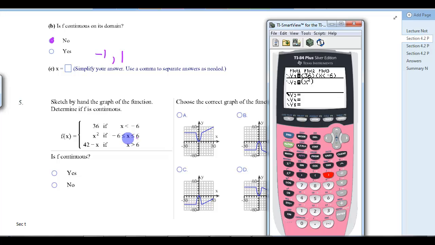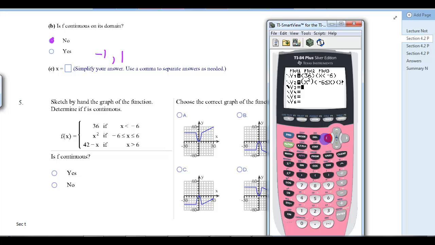Now we've got a compound inequality, so we have to break this thing into 2 pieces like we did in that other one. -6 less than or equal to, so that'll be 6, x, close, open, x is less than or equal to 6, close. All right, come down to y3.